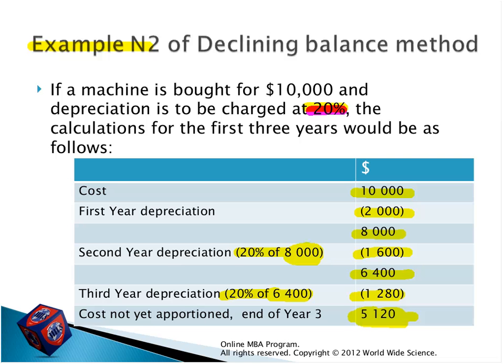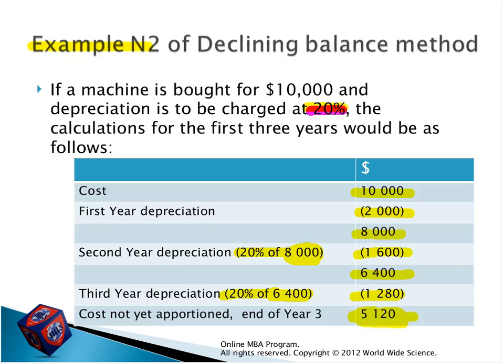But if we are trying to find the depreciation rate in the declining method, we have to see how many years we are going to keep this equipment in the company. Let's assume 3 years.